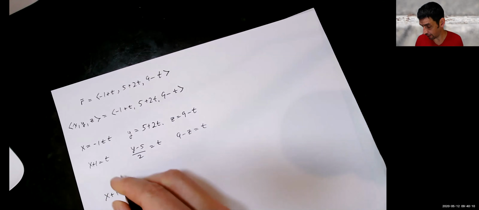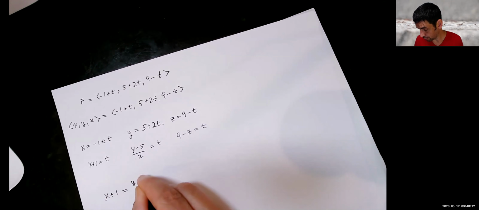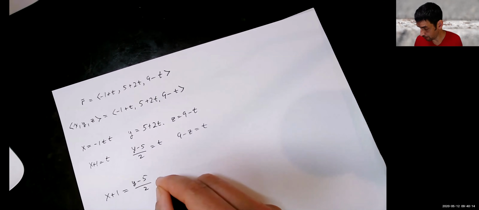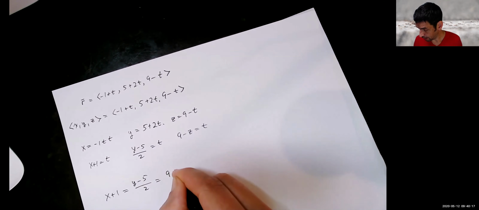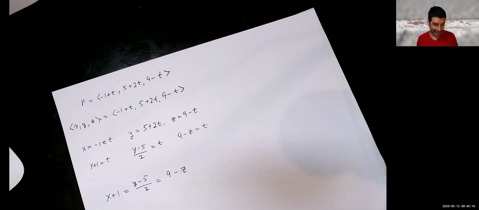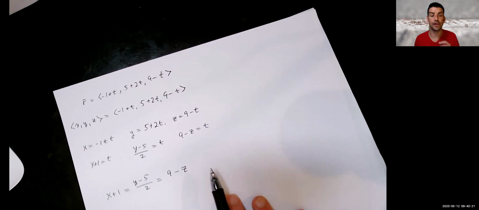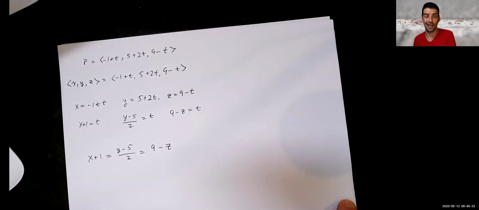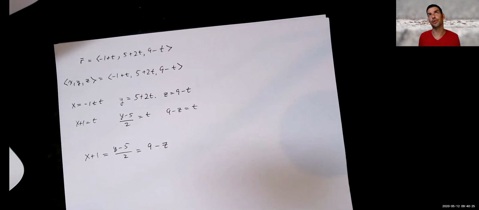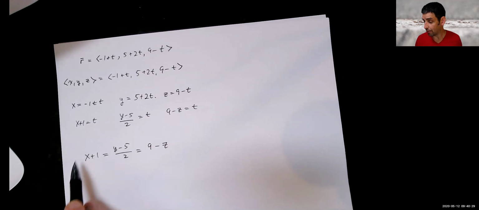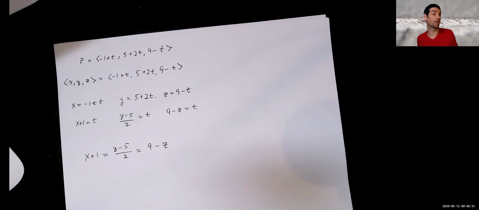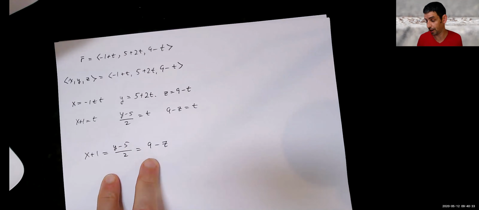So it must be the case that x plus 1 equals y minus 5 over 2 equals 9 minus z. Okay, and this is another form of the equation for this line. Anyways, this is another way to describe the line with what we call symmetric equations.